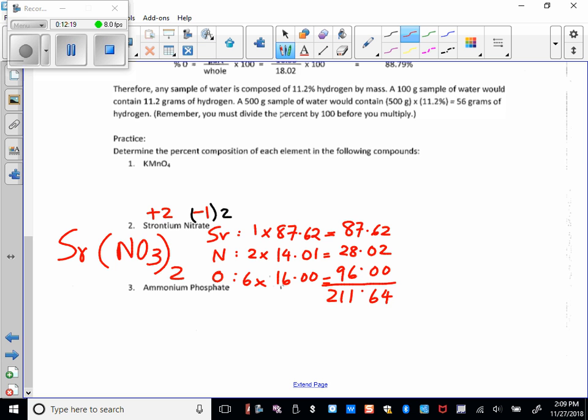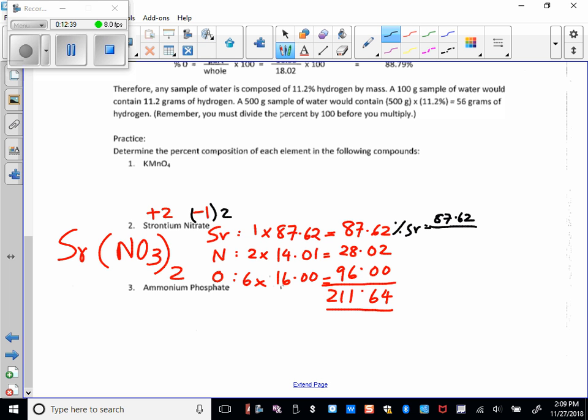Okay. So now we want to find the percent of strontium in strontium nitrate. So what becomes my part? I want to find percent strontium, so my part is 87.62.